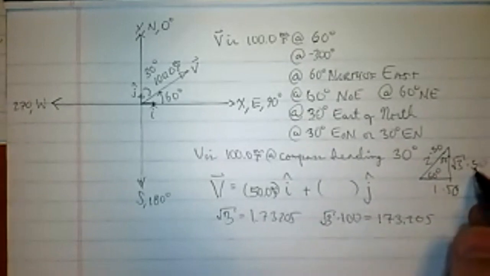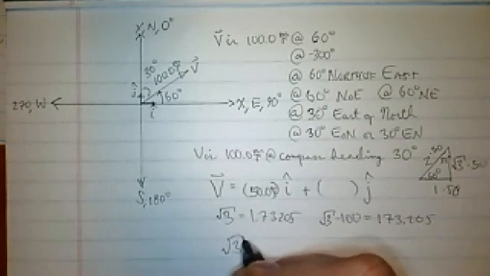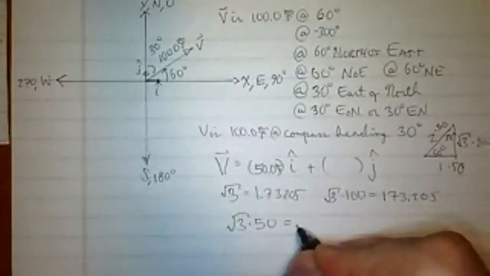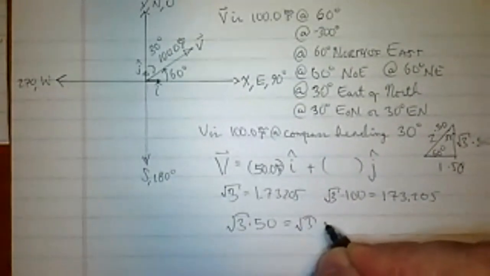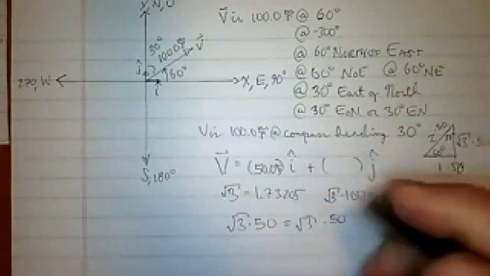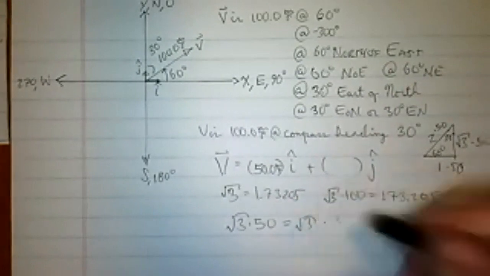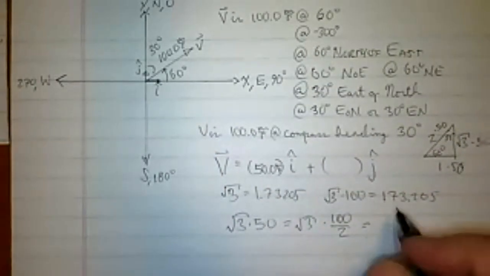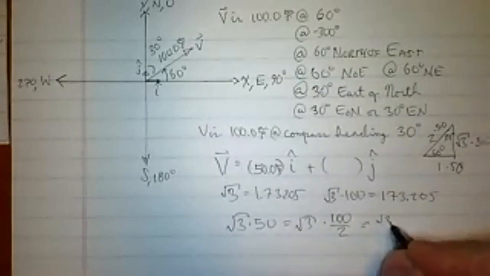Now, the problem is I wanted to multiply by 50, not by 100. So the square root of 3 multiplied by 50 can be thought of as the square root of 3 multiplied by 50. But instead of 50, we'll make it 100 divided by 2. So now I can say, oh, wait a second, it's the square root of 3.